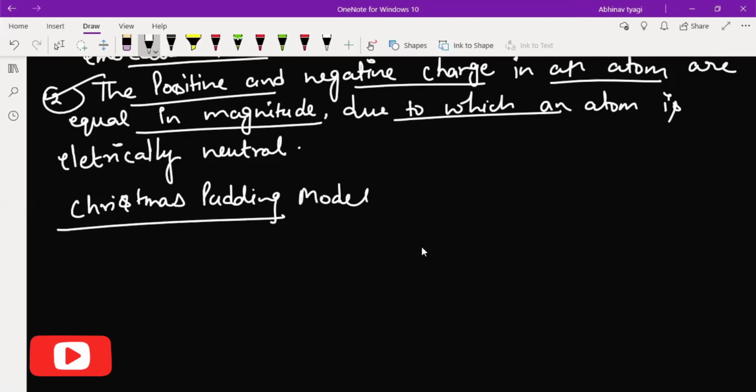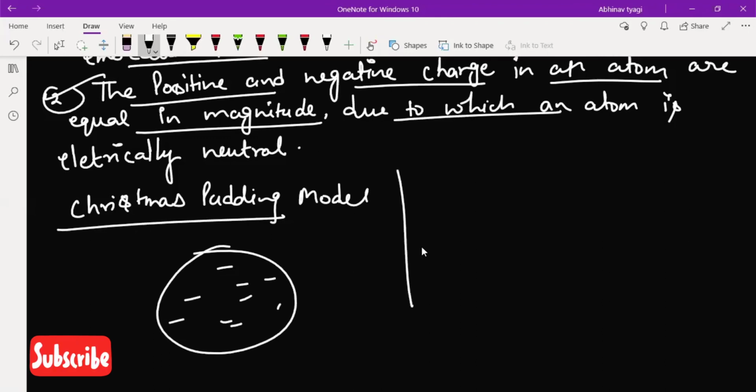The electrons embedded in a sphere of positive charge are like the dry fruits in a spherical Christmas pudding, like this. We can also compare the Thomson model of the atom to a watermelon, the watermelon model.